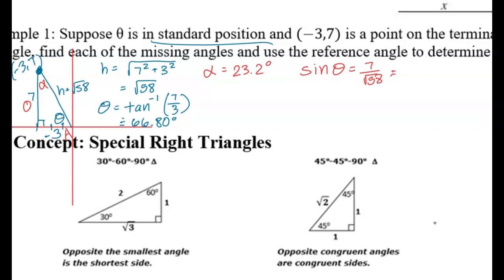Right. So what you do is you multiply both the numerator and the denominator by the square root of 58. So in the numerator you'll have 7 times the square root of 58. And then what is square root of 58 times square root of 58? 58. Yes, exactly. So that is sine of theta.